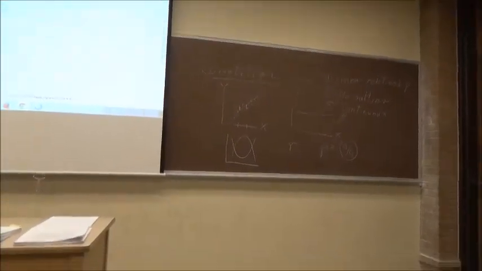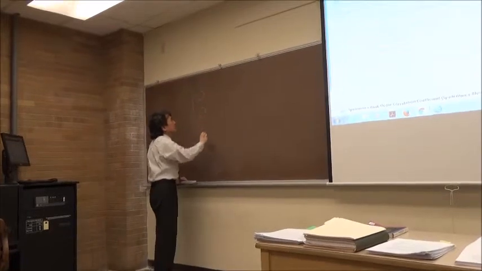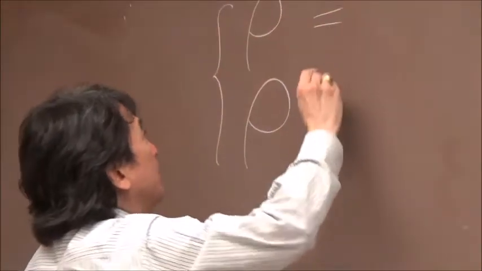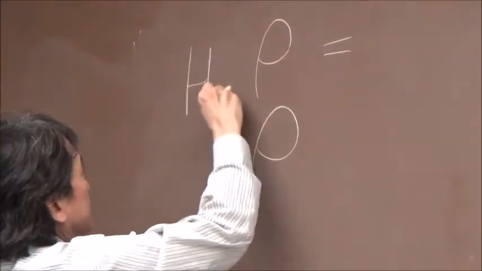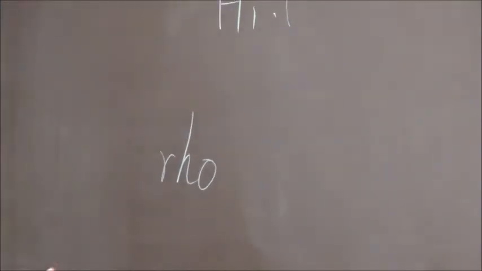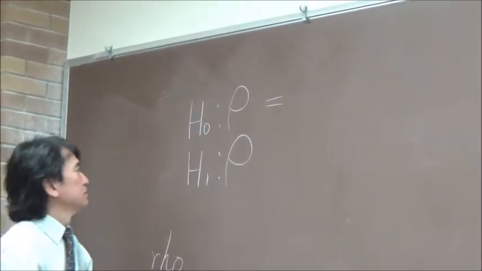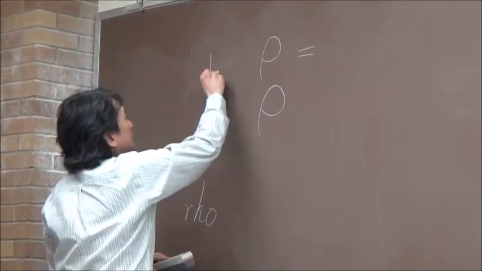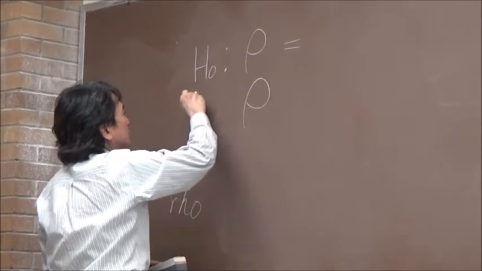Now then let me write a set of hypotheses. I apologize for using so many Greek letters, but that's not my fault. I didn't invent that. This is called rho in Greek letter, standing for R. So again and again, why do we use Greek letters?